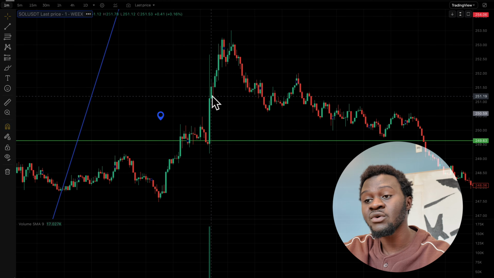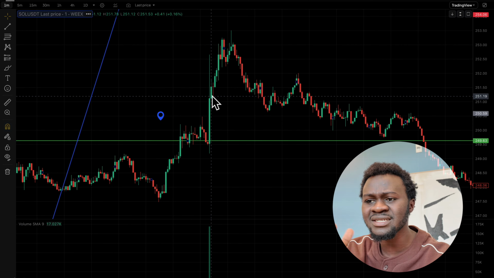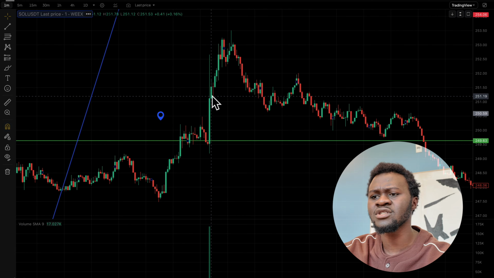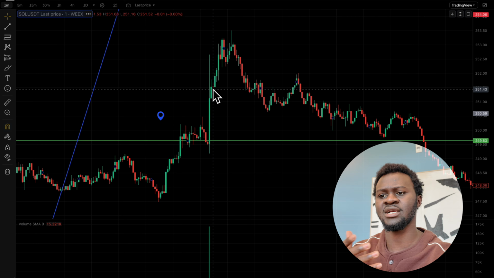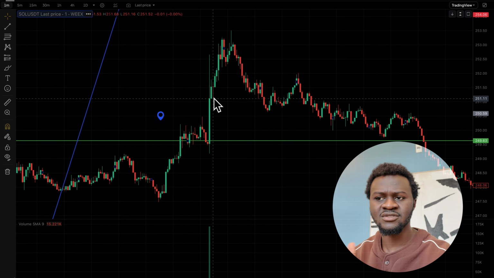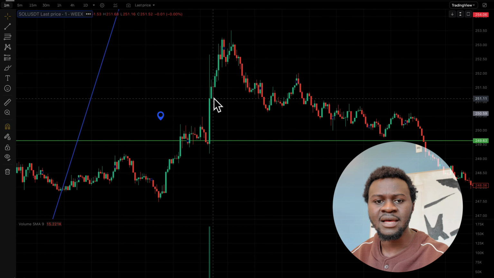And this happened. I'm looking at this, but at the same time, this candle closed back within here. Even though it didn't close back within here, I'm like, okay, what is happening? So I give it a little bit of time, maybe like 10 minutes.